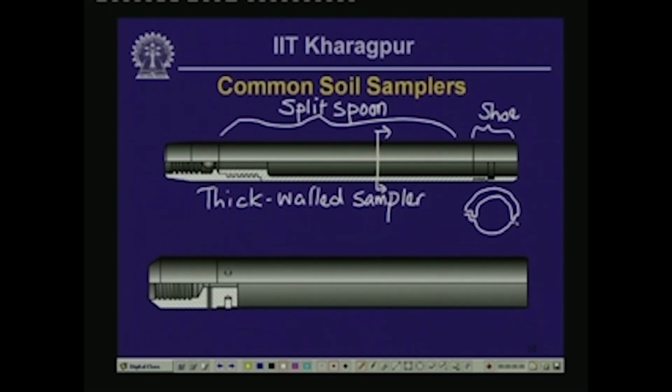This is the cross section that I am trying to draw. And then you can see that this end enters the soil first, and this is the top end. So, this is the top of the sampler and this is the bottom of the sampler to the right.